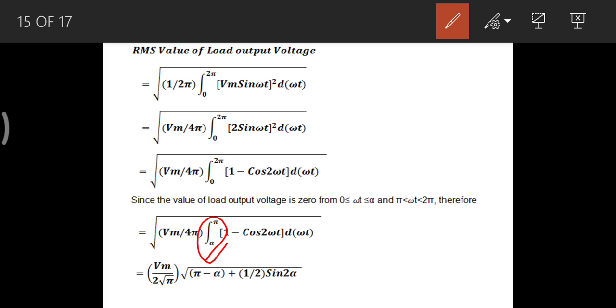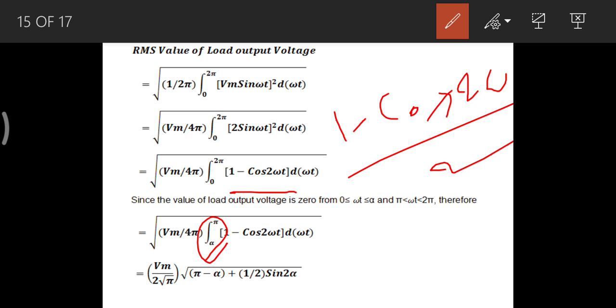Sine square omega t can be written as (1 minus cos 2 omega t) by 2. This 2 we take outside. This is the way we have to simplify.